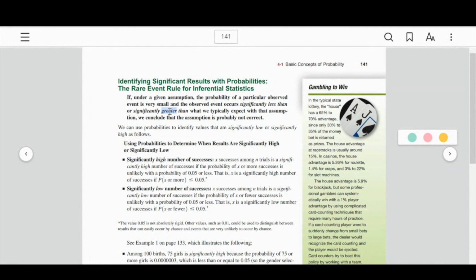She says, get it out, I'm tired of it. And my assumption is it's going to be a boy. And then like half the time it's a girl. So I'm seeing significantly greater numbers of girls. My observed event is way greater than I expect.